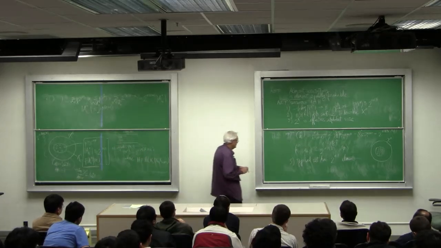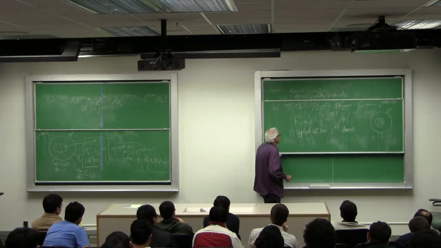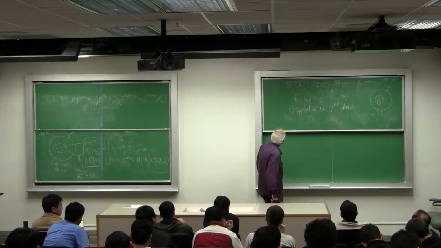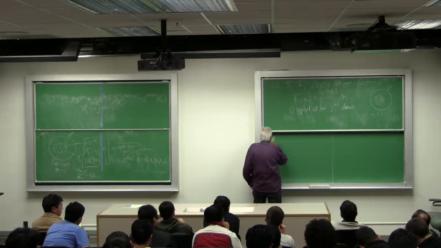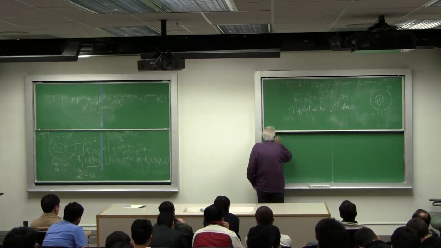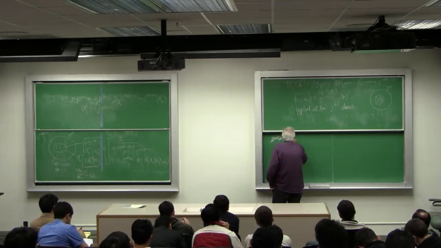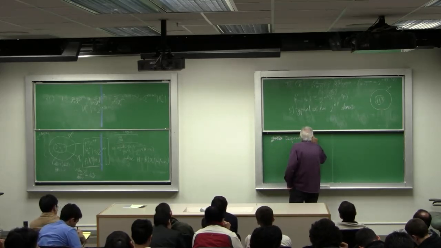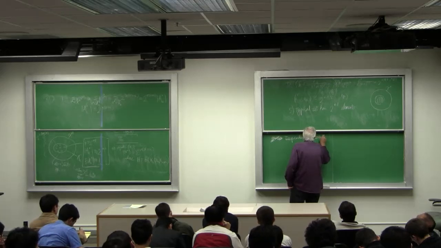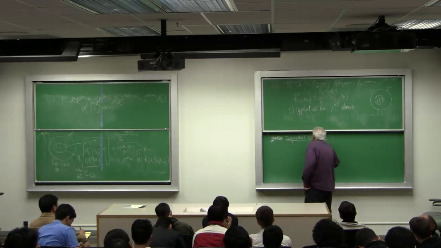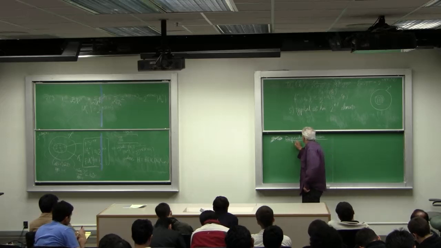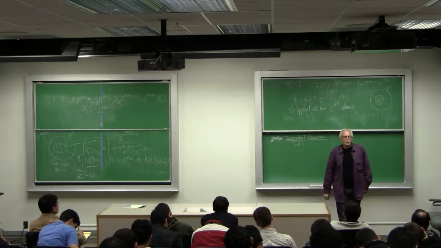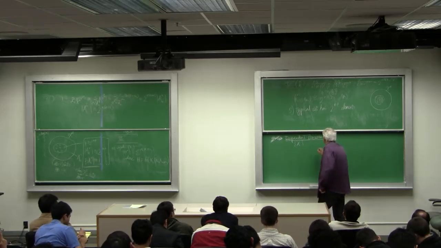Now, let us do finally this. What about dependent processes? So we have Xi. And we might have a Markov chain.